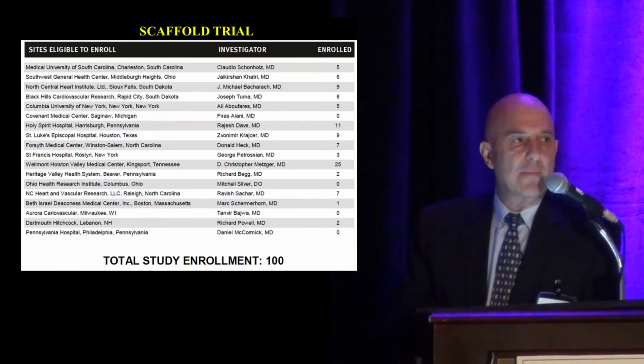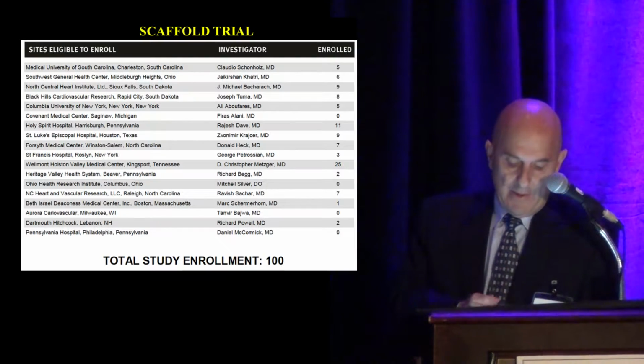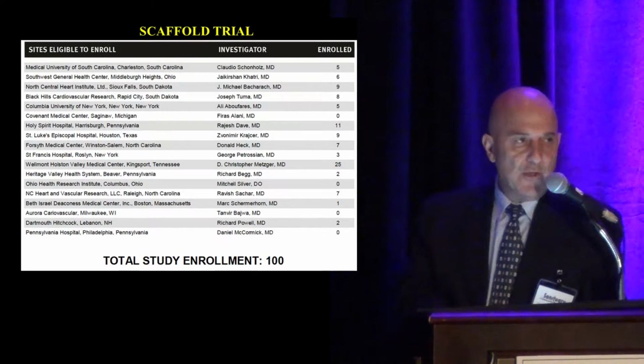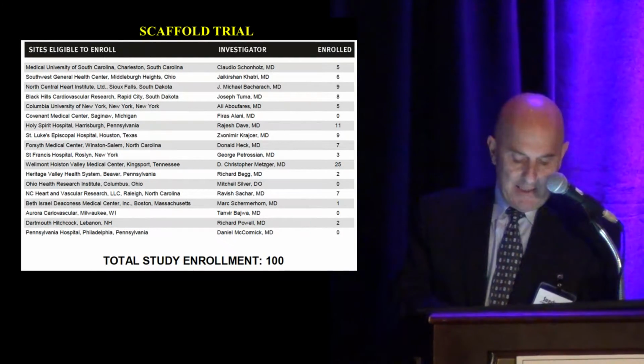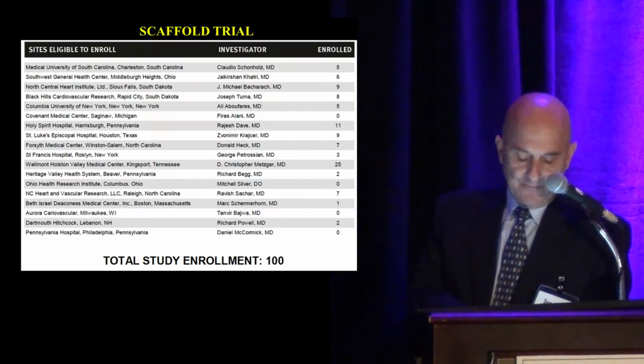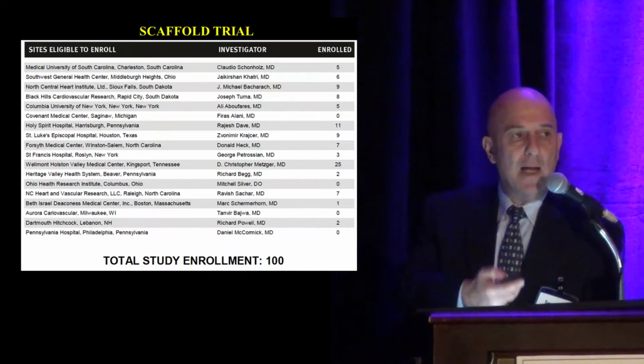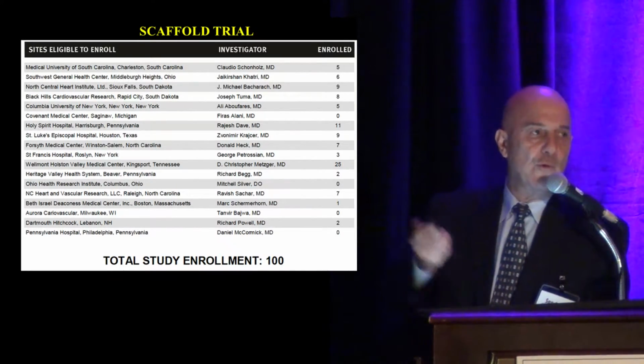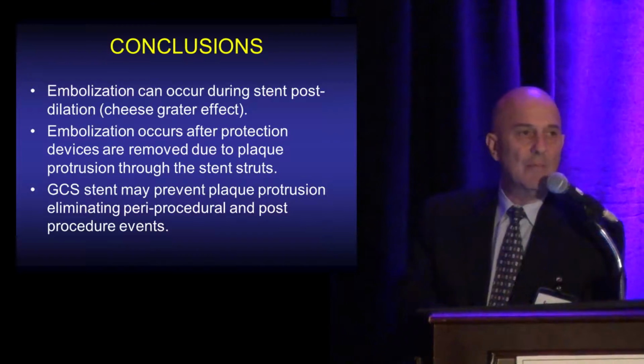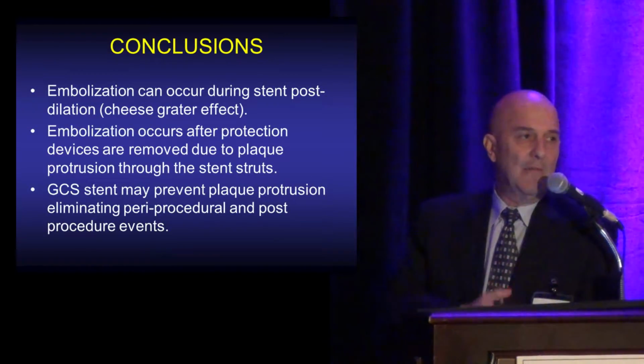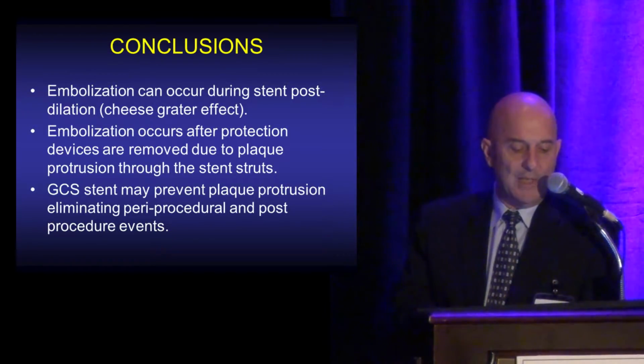So we are now in a condition that we can include cases here at MUSC as well. And there are 220 more cases to do to complete the trial before we can submit the final information to the FDA and hope that they will approve this technology.